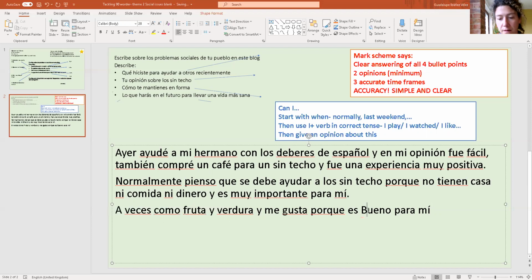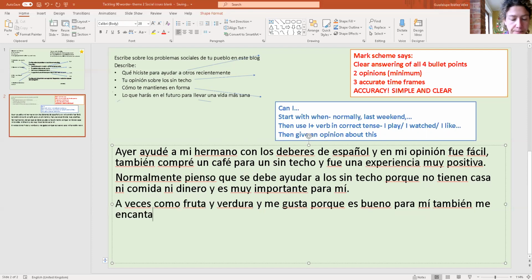Muy bien. Now, I also want to add, also, ¿cómo se dice also? También. Can I say I love to play football? ¿Sí? También me encanta jugar al fútbol.